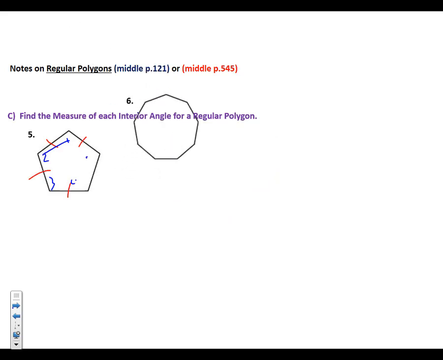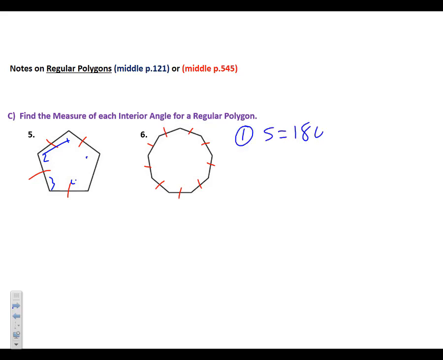Here's our second one. This is a regular figure as well, and we want to find the angle measure for each angle. So what's the first thing we're going to do? Well, 1, 2, 3, 4, 5, 6, 7, 8, 9 sides. We're going to find the sum on the inside by taking 180 and multiplying it by the number of sides minus 2, which is 180 times 9 minus 2, which is 180 times 7. And 180 times 7 is 1,260.